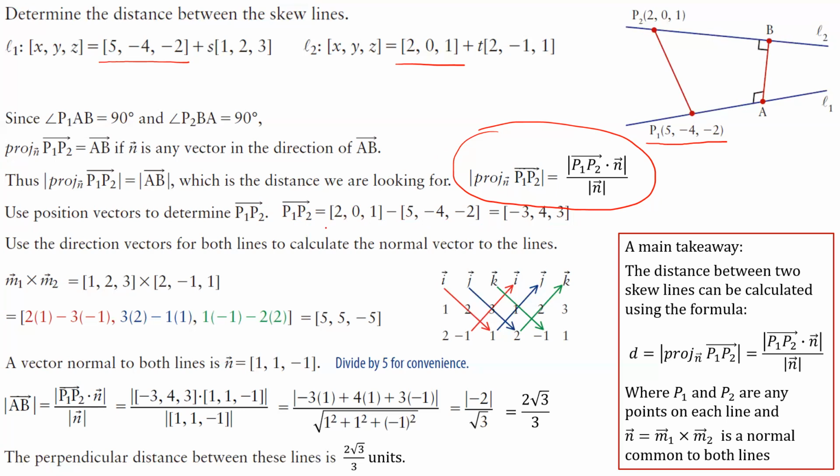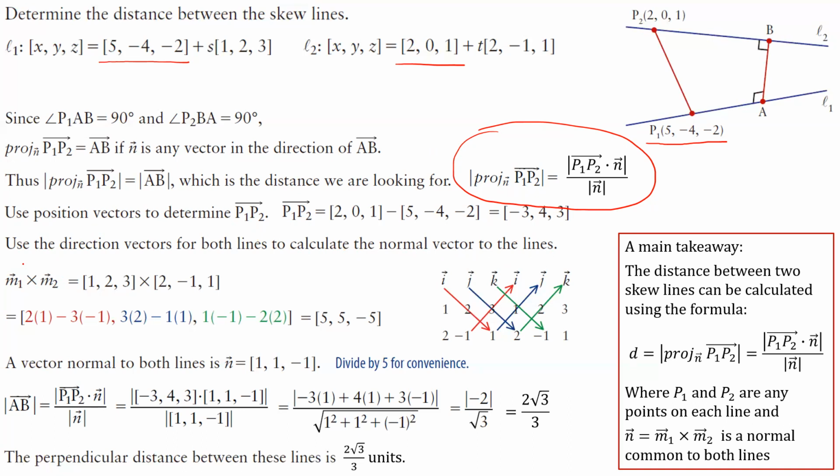Also, we know the direction vectors for both lines, right? We can use the direction vectors for both lines to calculate the normal vector to these lines.